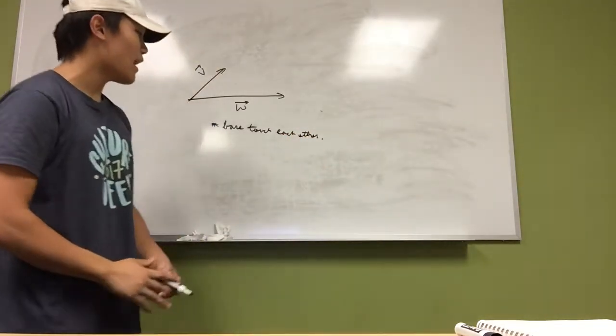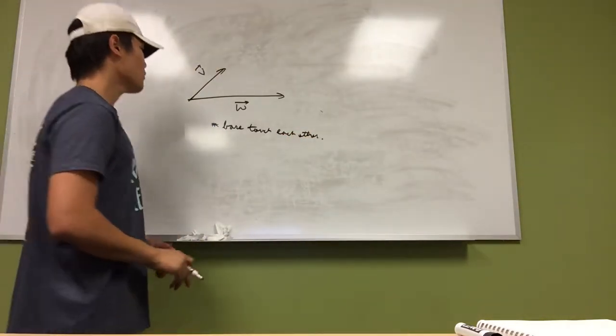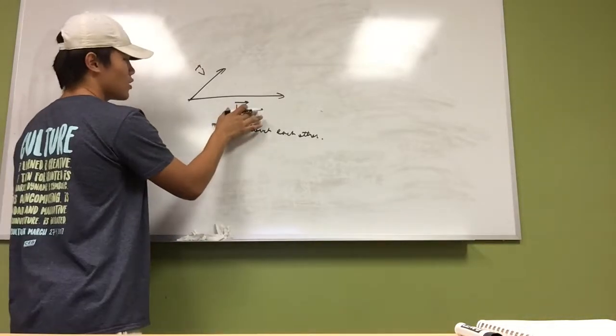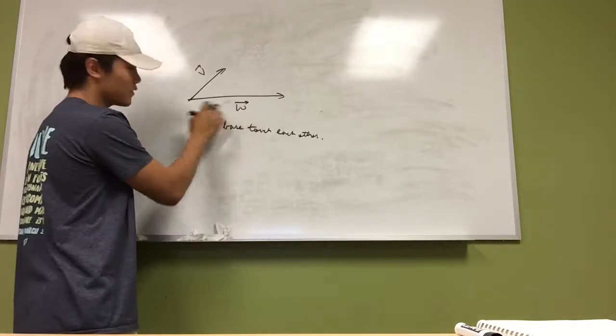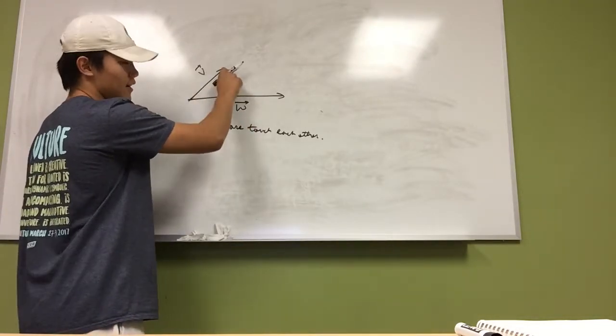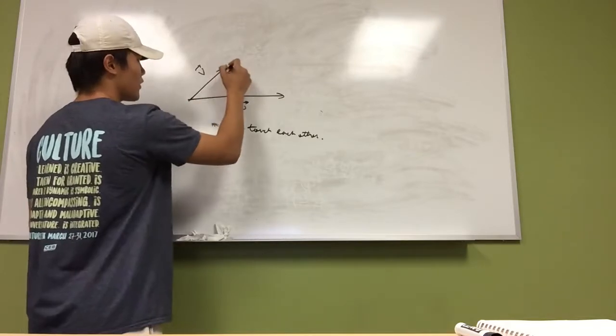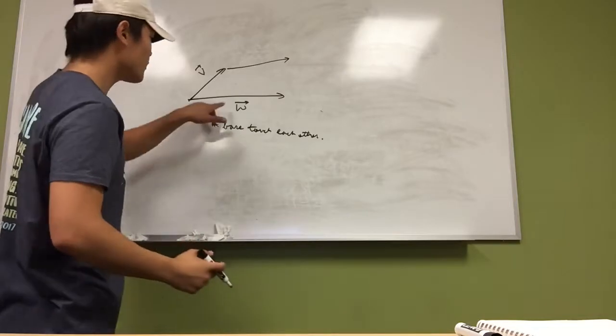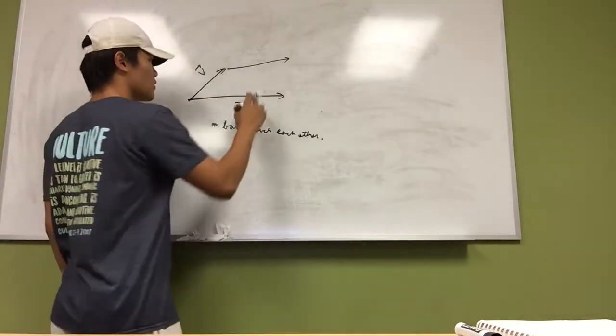Cool. Well, now how do we add them? We're going to move the w so that w's tail right here touches v's head. So we're going to move that right there. Same direction, same magnitude, we're just moving it upwards.